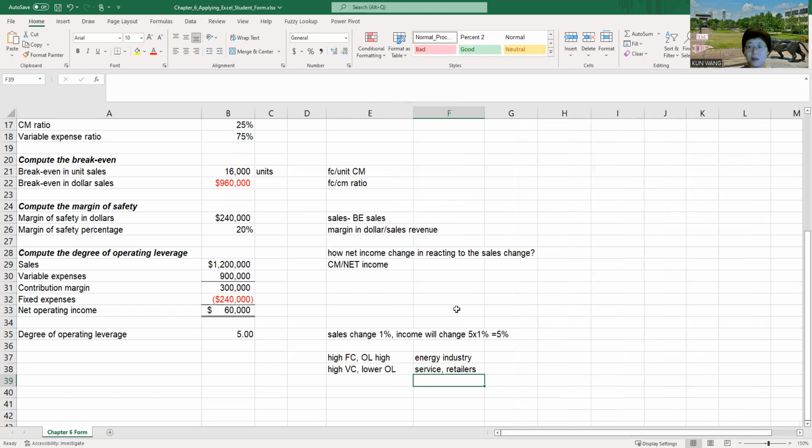That gives the managers an idea when you change the portion of your expenses. For example, if you need more laborers in the holiday seasons, what retailers normally do is hire part-time workers.